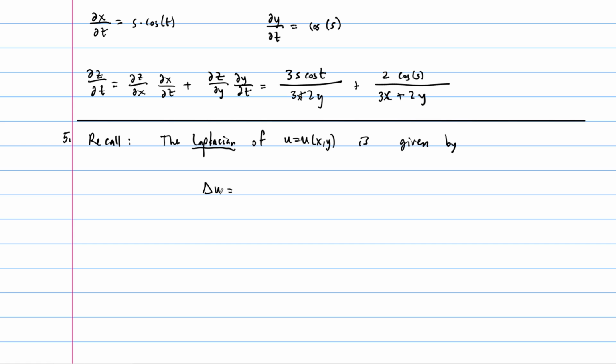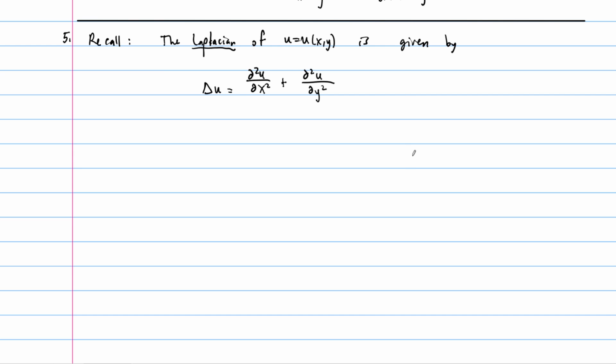This is not the change in u, this is a different triangle. This is the sum of the second derivatives, so it's d squared u by dx squared plus d squared u by dy squared. So the sum of the two second derivatives, not including the mixed second derivatives. Just the component-wise second derivatives, take their sum. This is called the Laplacian of the function u.